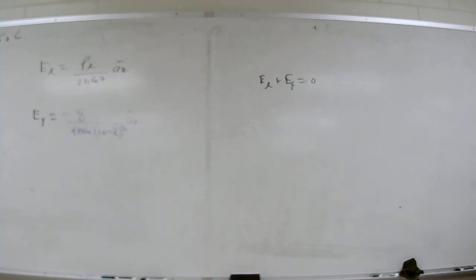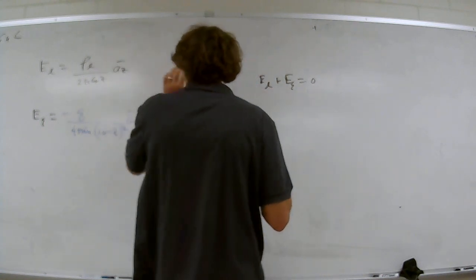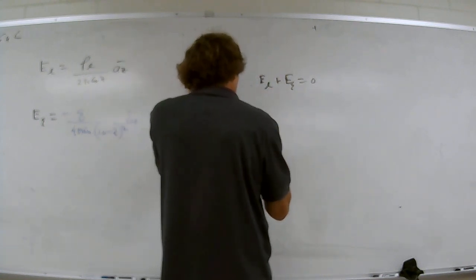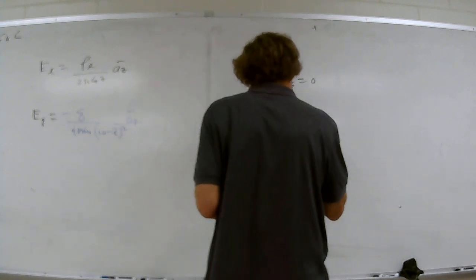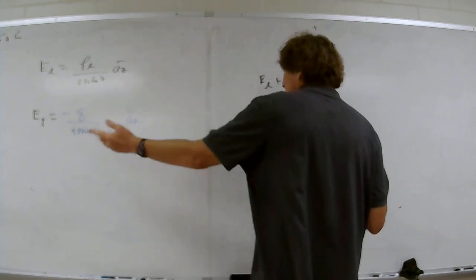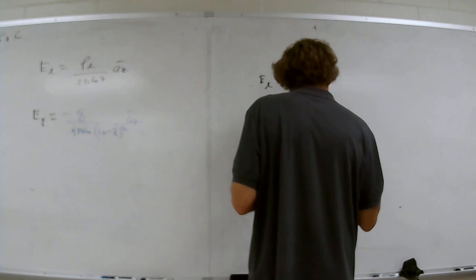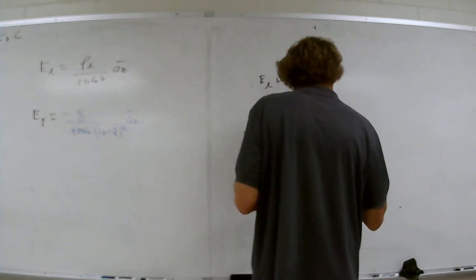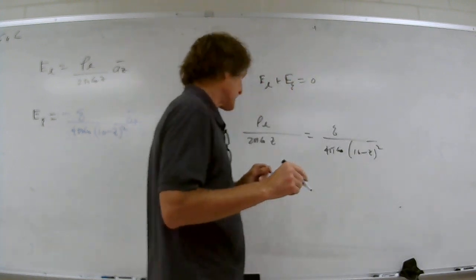Okay, so now I'm going to take this one and say it's rho_L, whatever rho_L is, over 2 pi epsilon naught z. We're going to figure out what z is in a second. Over, and it's going to be Q. Remember, the minus sign, when it's flipped to the other side, goes away. Over 4 pi epsilon naught, times 10 minus z squared.